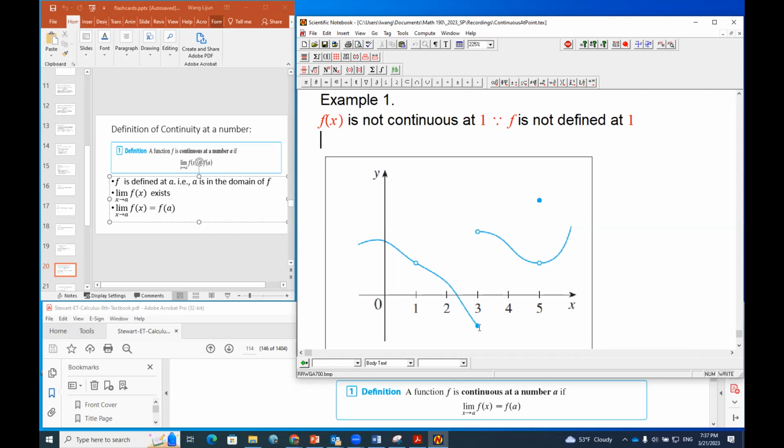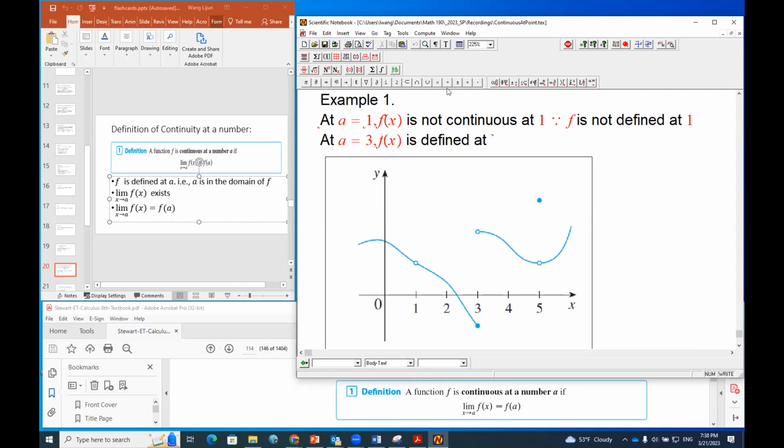So let's look at another point. That was a equals 1. Let's look at a equals 3. At a equals 3, if we check the first condition, the function is defined at 3.